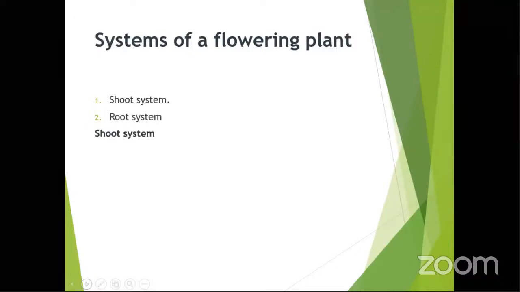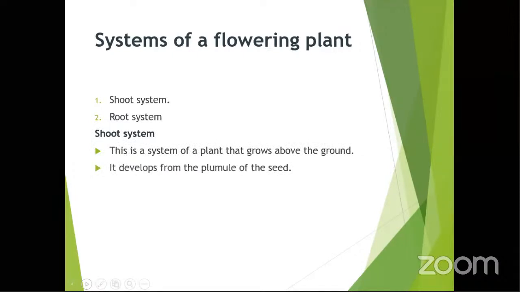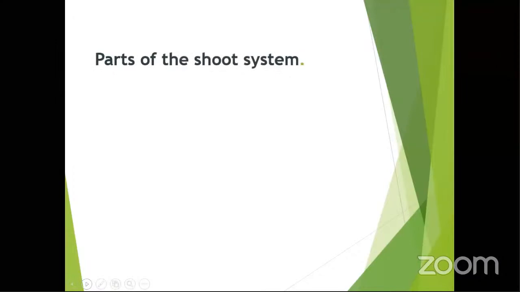The shoot system, the system of the plant that grows above the ground. We have the parts, which you've already mentioned. So these are the parts.